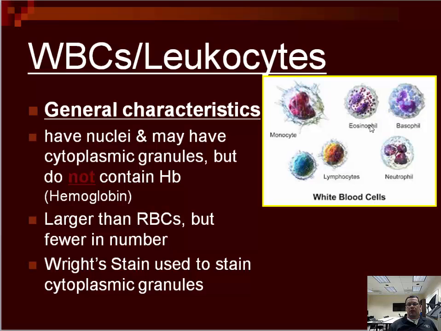So we're going to continue on and look at these five cells in detail. You notice that they have nuclei and granules. They do not contain hemoglobin, as erythrocytes do. The neutrophil's nucleus is multi-lobed.